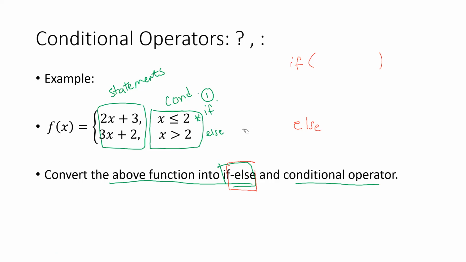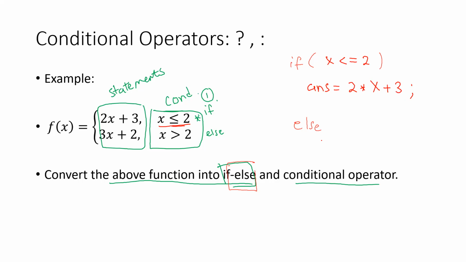But in most cases, I think it's better to just, I don't want to confuse any of you, so let's say this is my condition: if x is less than or equal to 2. Okay, so this is my condition. And then my statement is what? My statement, as your friend said, the answer is 2 times x plus 3.